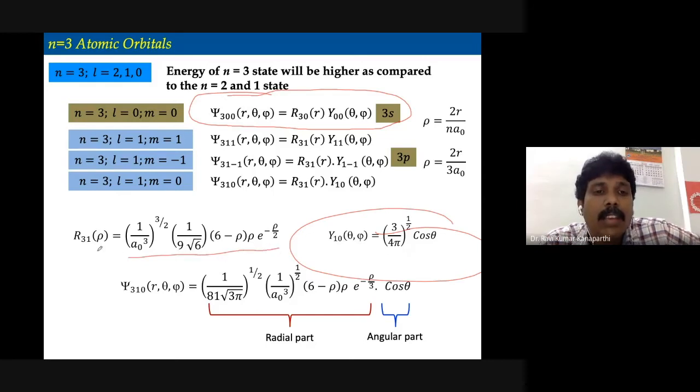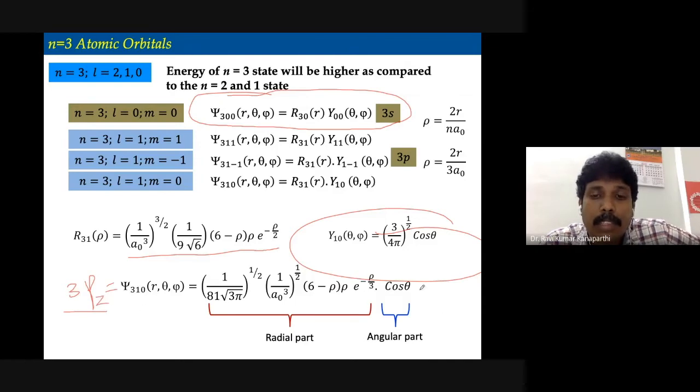Okay, when L is equal to 1, then its radial function is given by this function. And of course the total wave function psi 3 1 0 is basically a 3p orbital, especially a 3p z orbital.